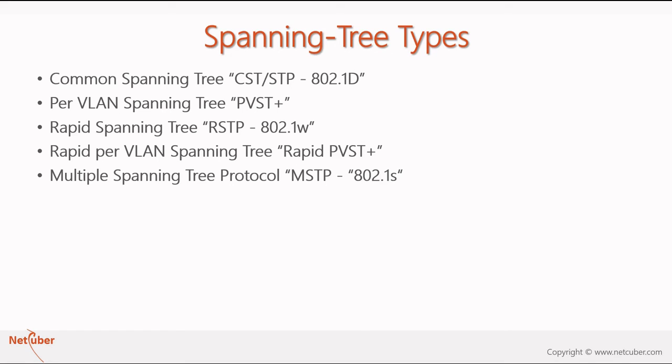Instance 2 has a group of VLANs with a different topology. So we can design one instance for one topology and another instance for another topology. The resource consumption is very low compared to others. This is the main benefit. In reality, I have mostly seen multiple spanning tree protocol and per VLAN rapid spanning tree.